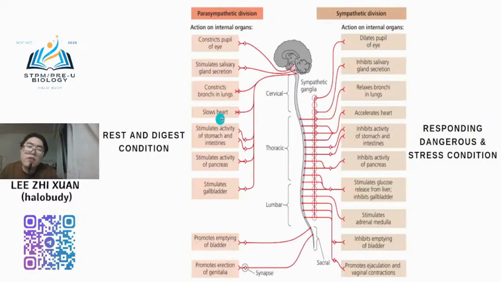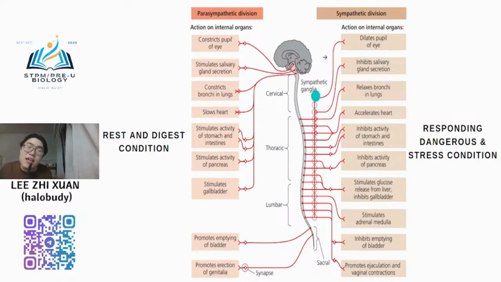Parasympathetic, if you release the acetylcholine, it will slow down the heartbeat. But in sympathetic, it will increase the heartbeat. Why? Because it releases noradrenaline. And the mechanism I also explained in chapter 8 too. But later I will explain one more time in the following part.